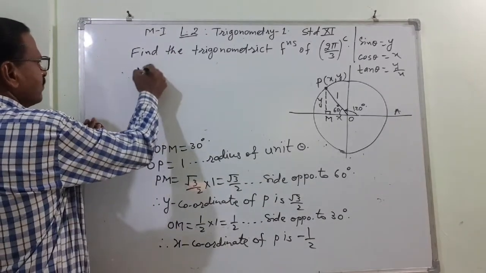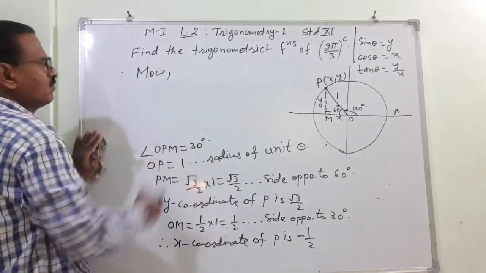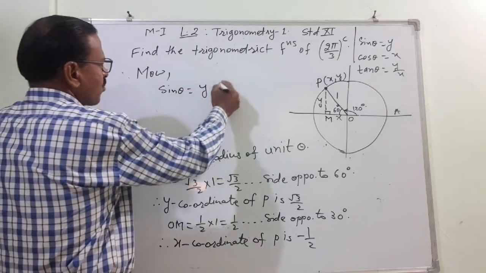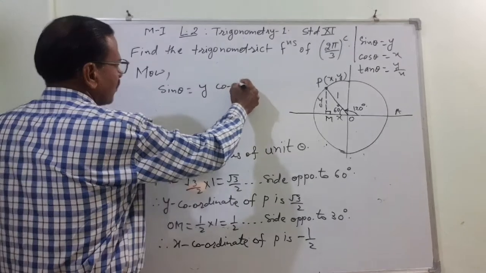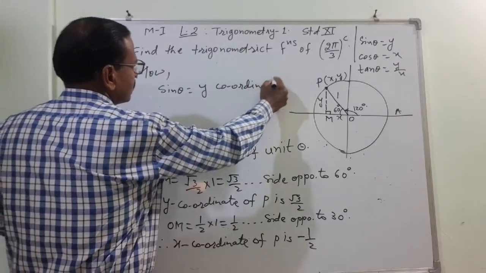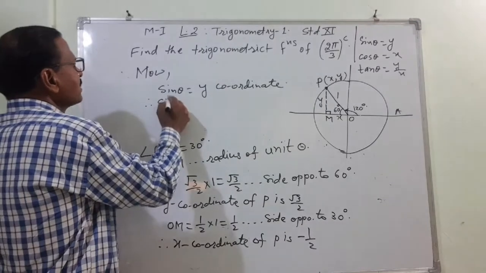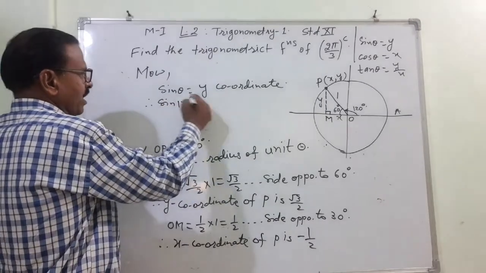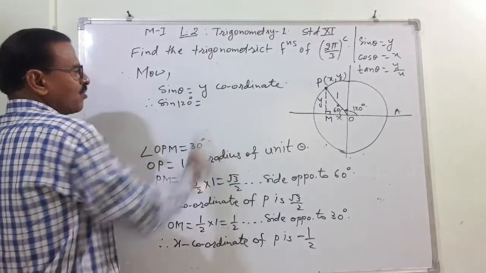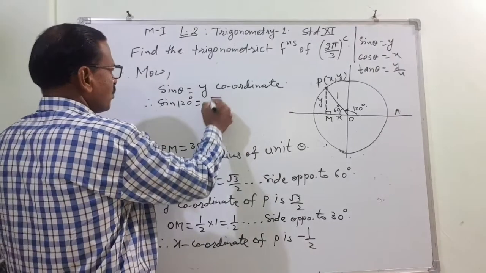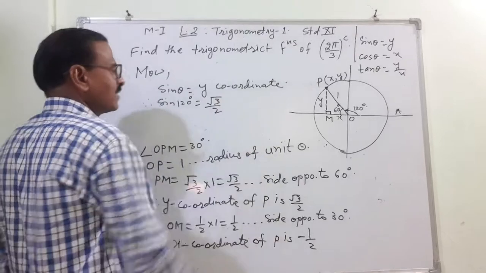Now, sin theta is equal to y coordinate. Therefore, sine of 120 degree is equal to y coordinate, root 3 upon 2.